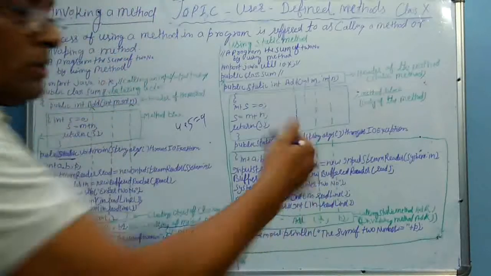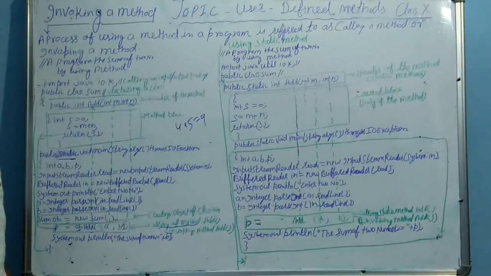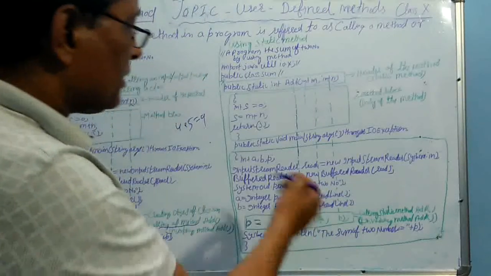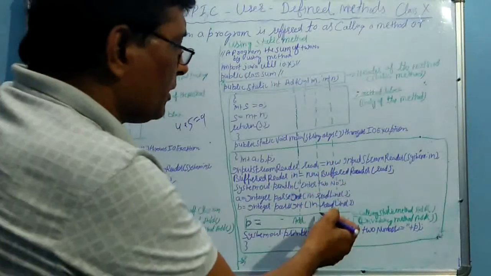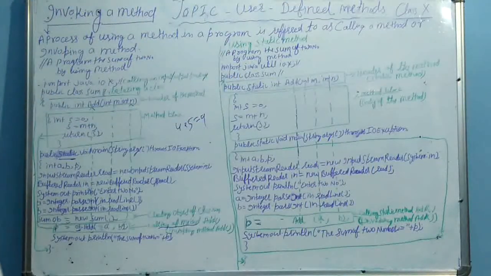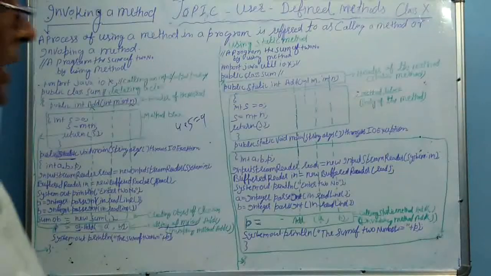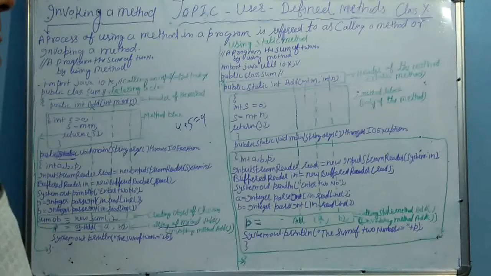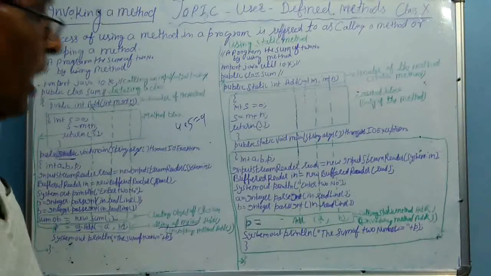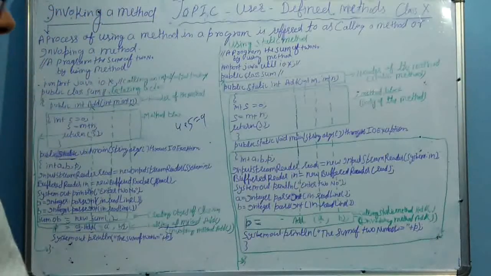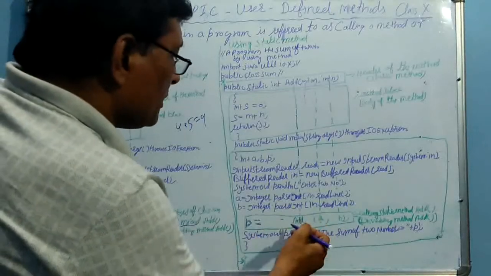Now when you run this program, it will ask the values, and the values will be stored into a and b. Then calling the static method, the values will be stored into m and n. After that it will give the value of p.